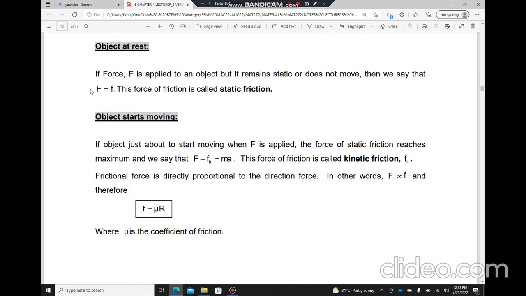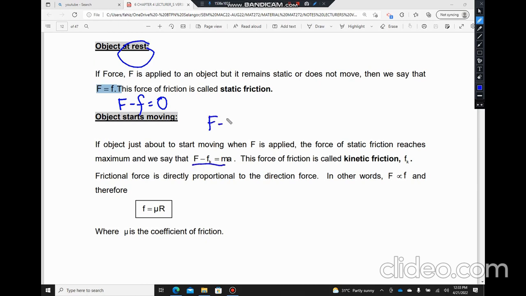So dia bezalah, kalau yang ni, dia formula dia adalah F minus f equals to 0 sebab dia at rest. Tapi yang ni, okay, F minus Fk equals to ma sebab dia ada moving, dia start moving, so dia akan ada pecutan. This force of friction is called kinetic friction.